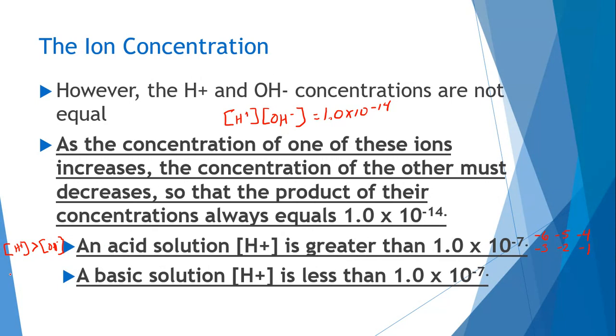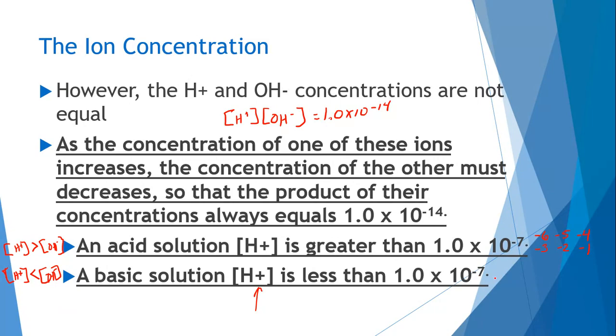If you are basic, it's going to be the opposite. It means that your H+ concentration is actually less than your hydroxide concentration. In other words, to be basic, your hydrogen concentration, and notice here it always says hydrogen, we're always going to use hydrogen, is less than 1.0 times 10 to the negative 7th.